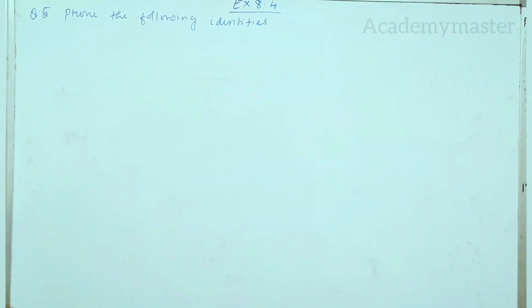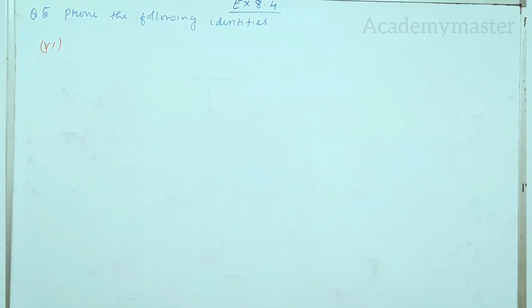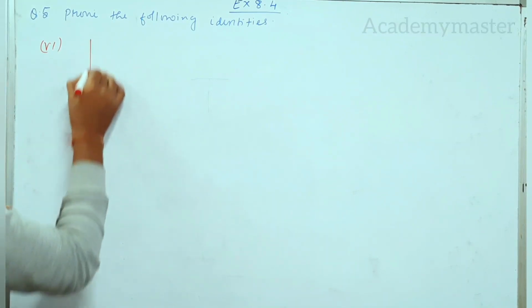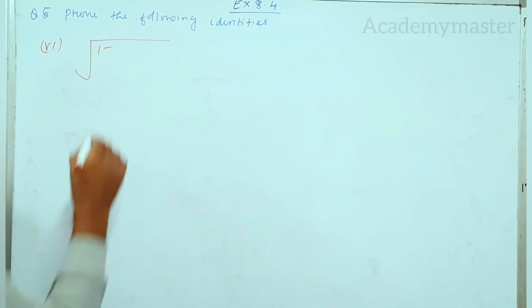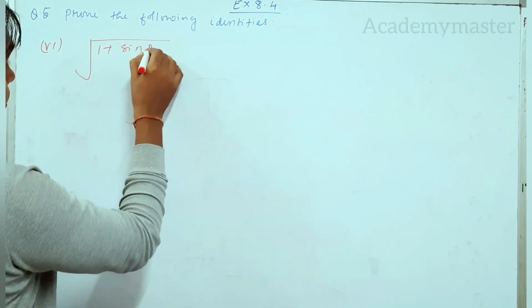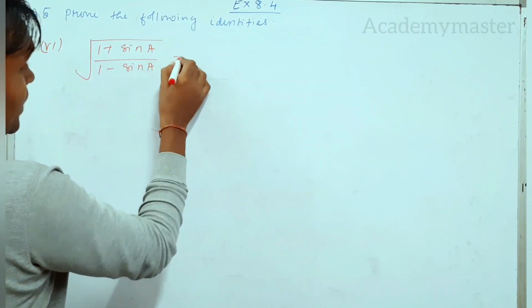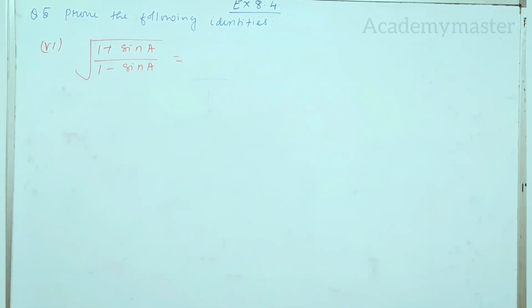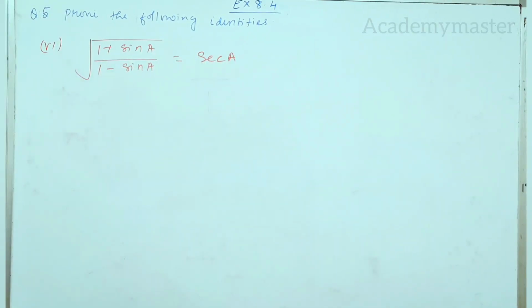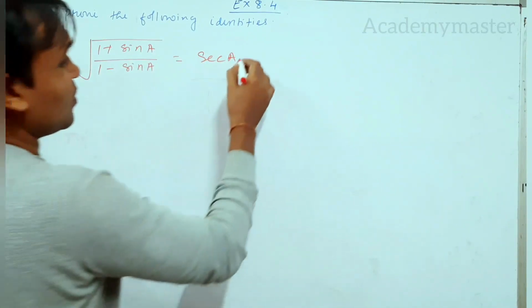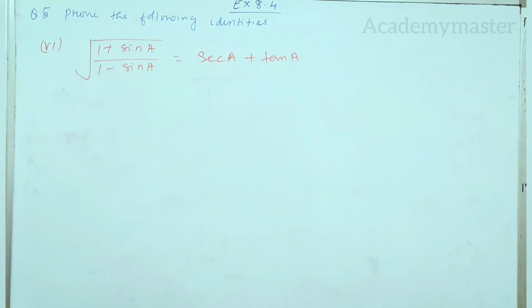Question number 6, let us do question number 6. Very simple question it is, but it is also important. So question number 6, it is given the square root of 1 plus sine A divided by 1 minus sine A. We have to prove it equals sec A plus tan A. Got it, dear students?